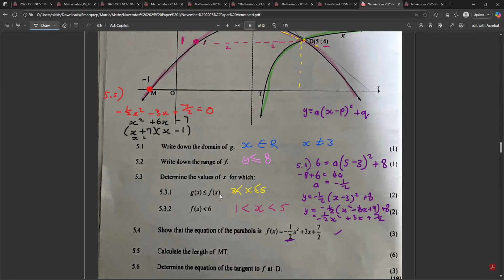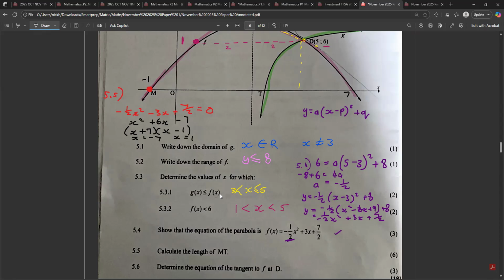And so x is equal to negative 7 and x is equal to 1. Okay, that does not make sense, it must be negative 1. So that's 7 and that's negative 1.